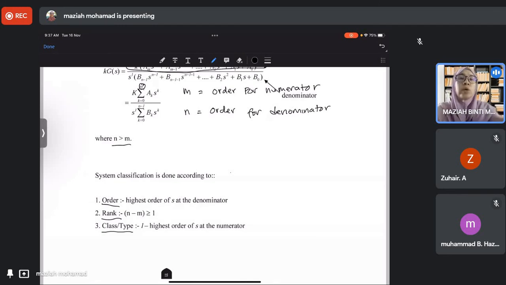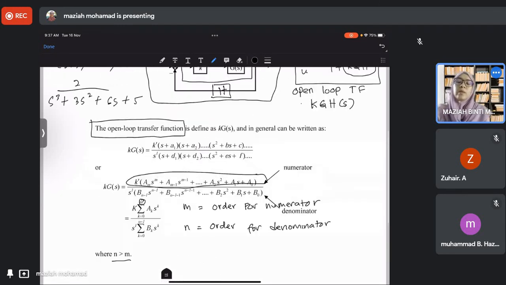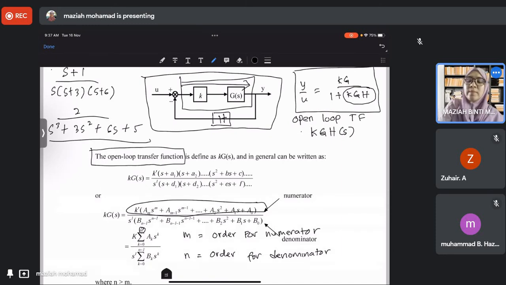For example, in this one, we look at the denominator and look for the highest order. The highest order is 3, so this system is a third order control system.